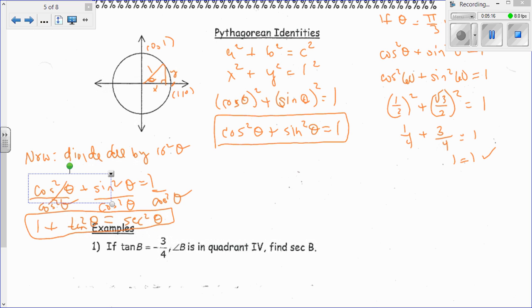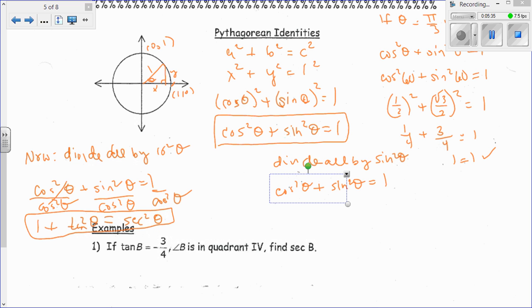And I'm going to divide all by sine squared theta. I divide everything by cosine, I can divide everything by sine. So I have cosine squared theta plus sine squared theta equals 1, divide everything by sine squared theta.